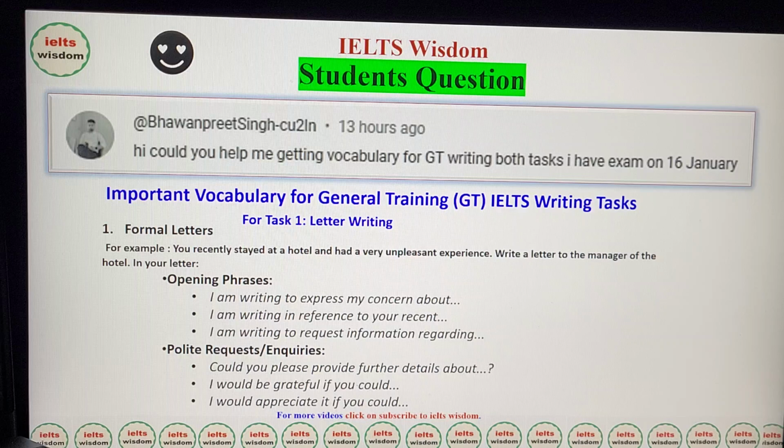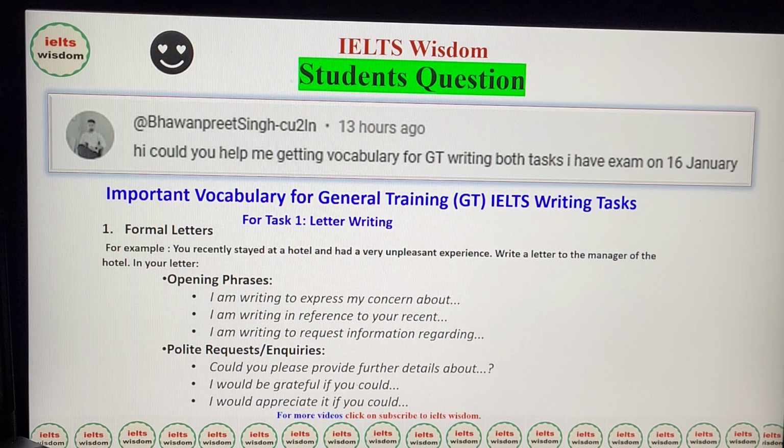You can also use: I am writing to request information regarding my stay in your hotel on the date you stayed there, as I had a very unpleasant experience. So this is the first thing. You always pick some words from your letter, and this is the very first line. You always take it and use it in your task when you start attempting it.